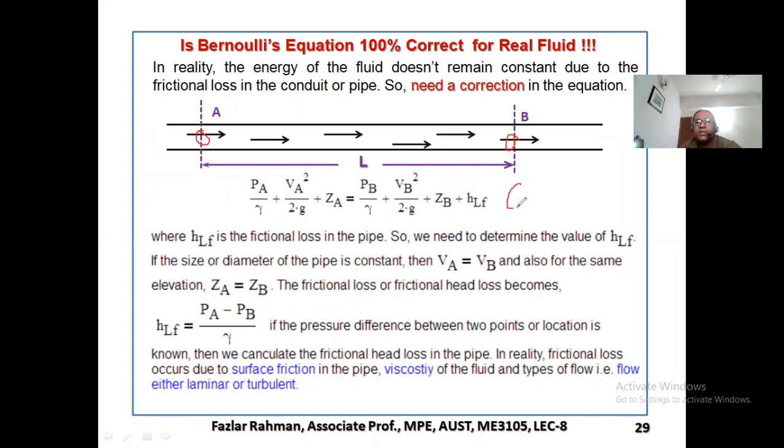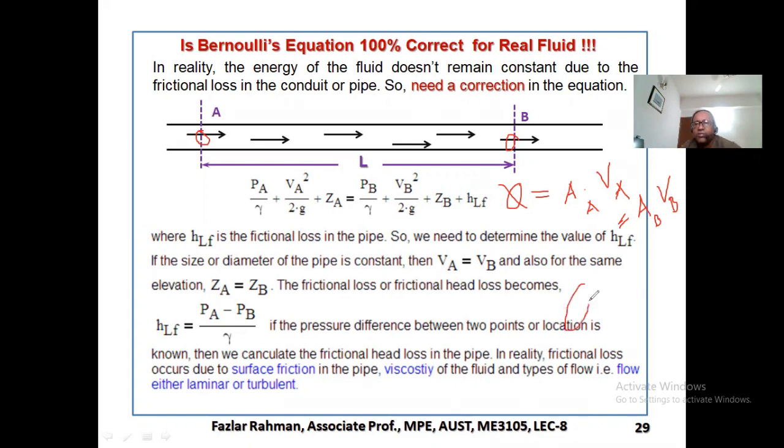Why? Because Q equals area at point A times VA, equals area at point B times VB. But the area at both points is the same, the way I drew it.